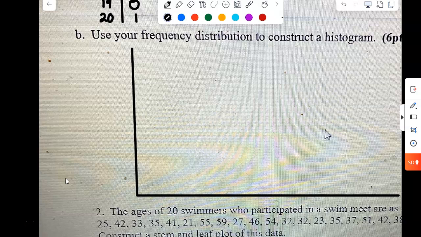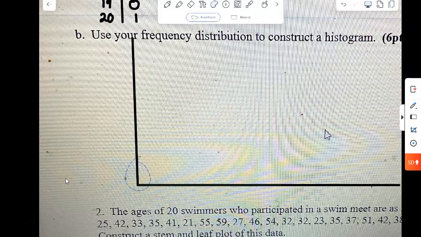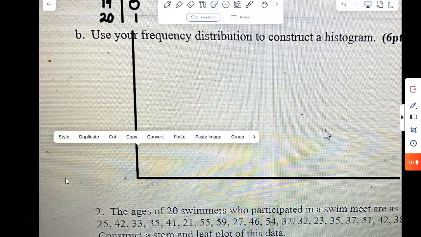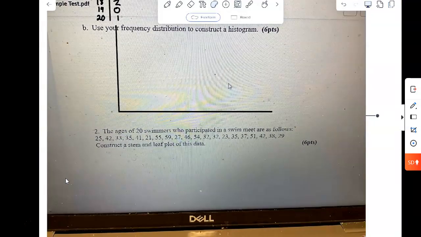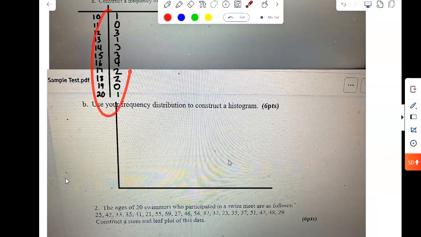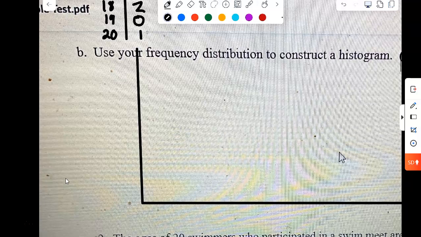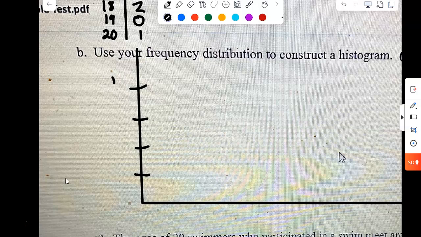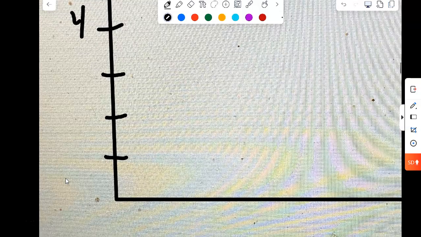Actually, let me just slide this up a little bit, so there's a little room underneath. All right, and then we have our data values coming down the side. When we look at our frequencies, we see we're basically from 1 to 4. So I'm just going to come over here, 1, 2, 3, 4. And then I'll write my data values underneath.